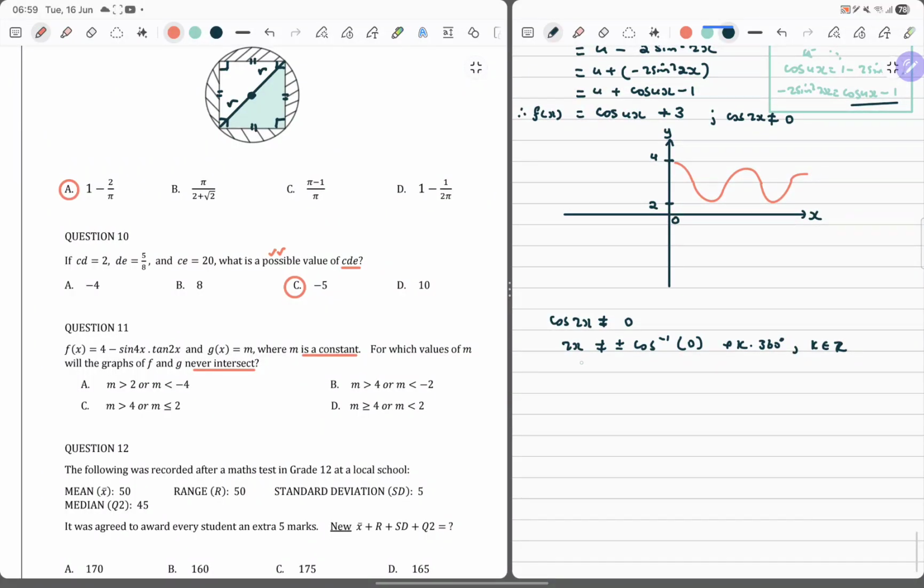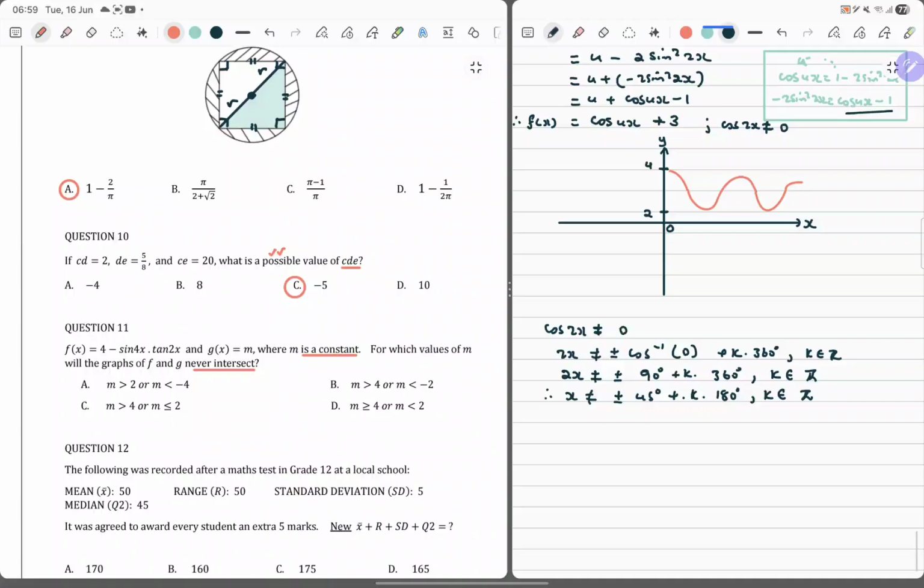Arc cos of 0 is 90 degrees. Now we can already see that x is not supposed to be plus or minus 45 degrees plus k times 180 degrees, where k is an element of integers.